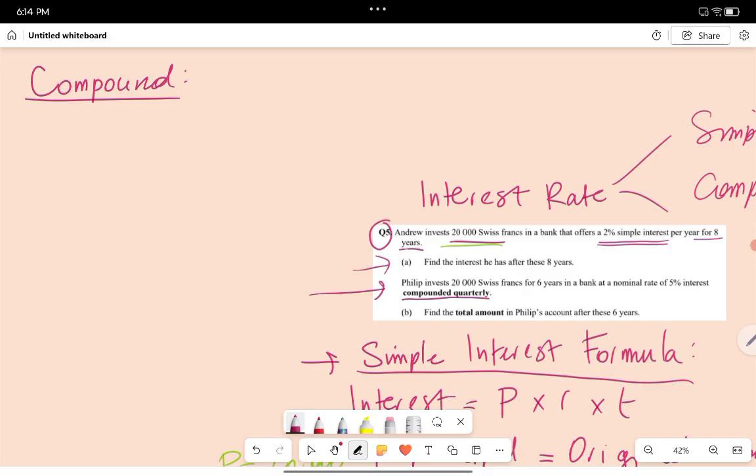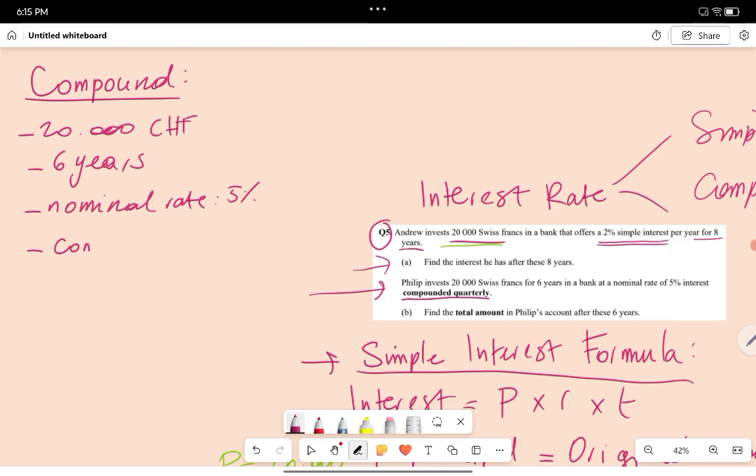We have 20,000 Swiss francs that we're going to invest for 6 years, with a nominal rate of 5%, compounded quarterly. So what does this all mean?